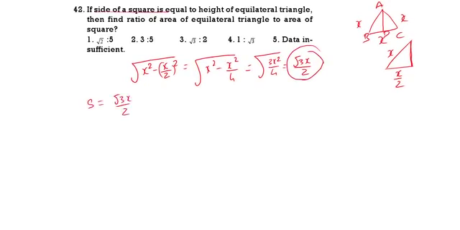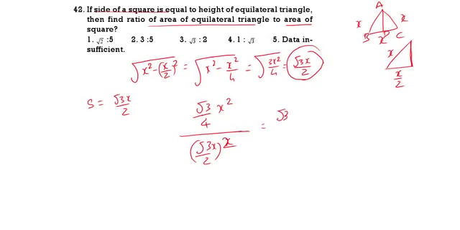Now area of equilateral triangle is root 3 by 4 x square and area of square is root 3 by 2 x whole square. Now do the calculation. Root 3 x square by 4 into 4 by 3x square.